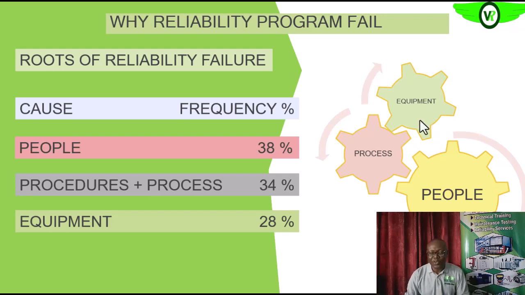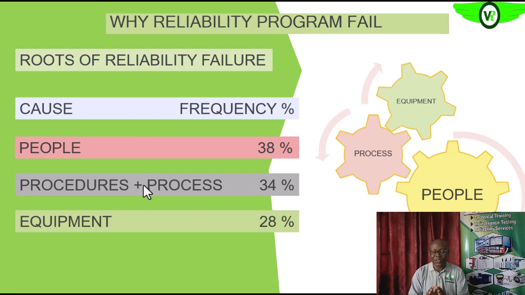Are we getting it? So if in all ramification you agree with me that 28% is gross failure, then if you leave these two, the people and the process or procedure, that means you have already set your process for failure.